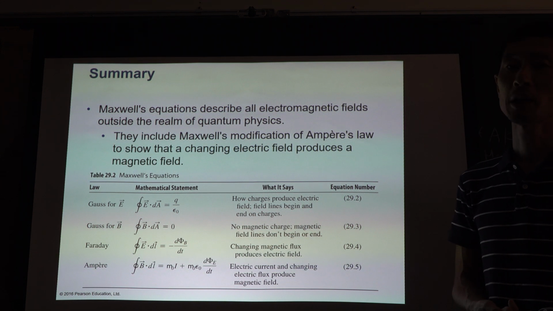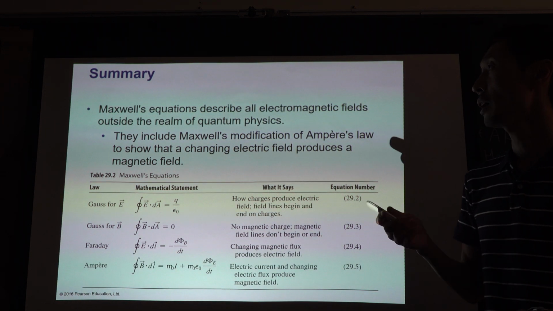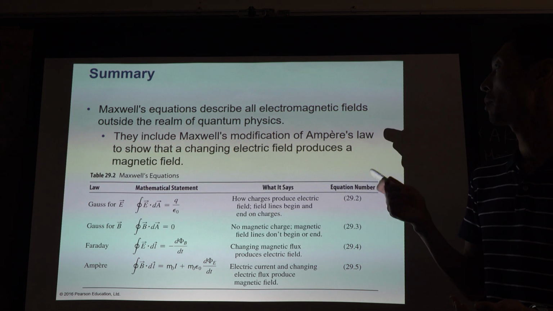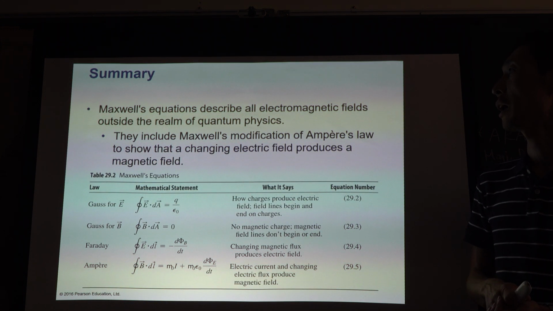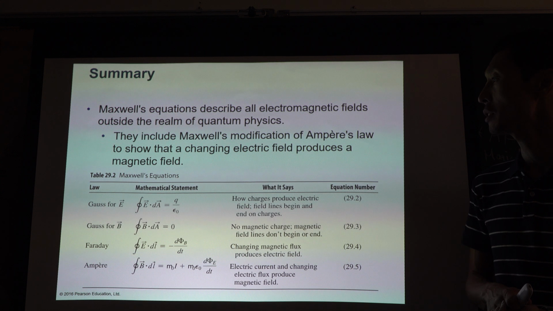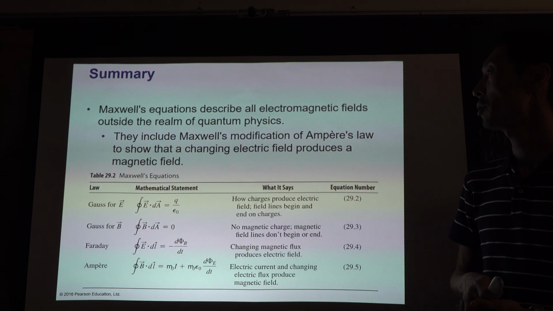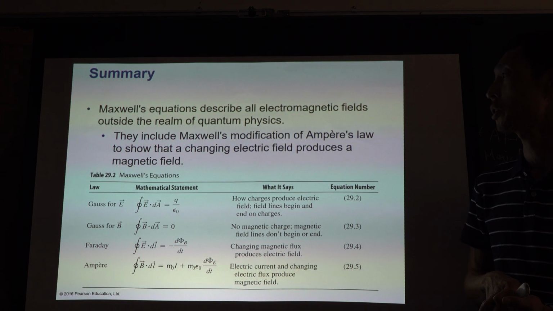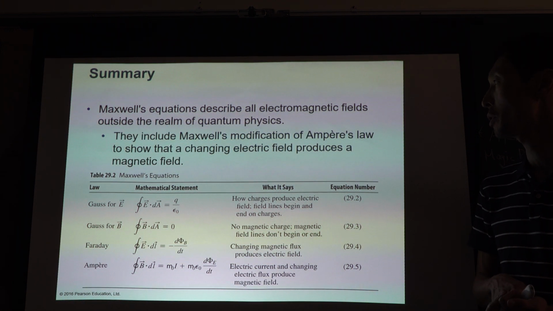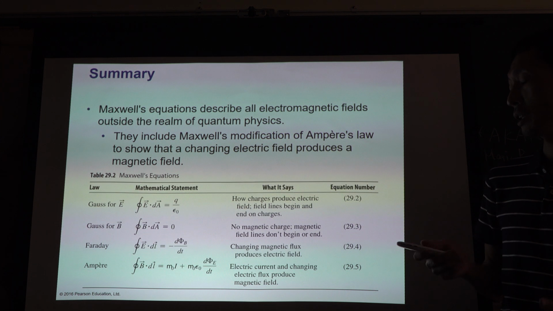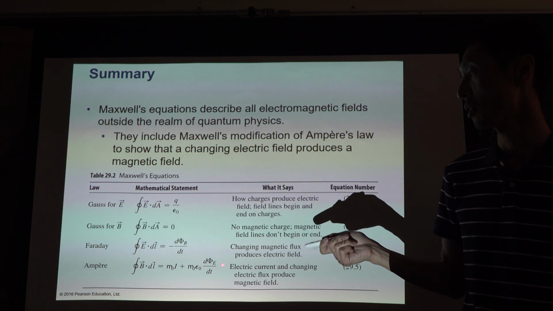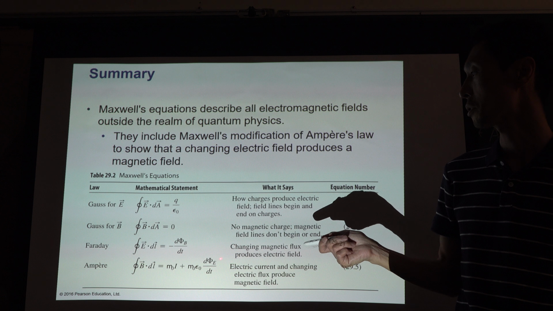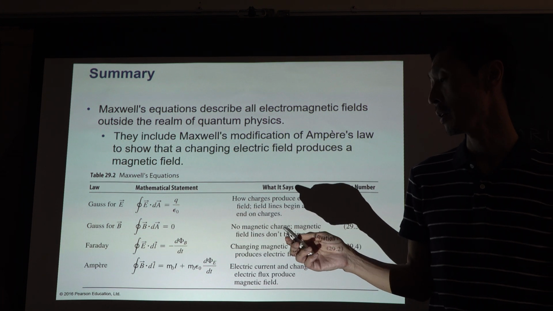Okay, so here's a summary of what we learned today. Maxwell equations describe all electromagnetic fields outside the realm of quantum physics. So these are Maxwell equations. They include Maxwell's modification of Ampere's law to show that a changing electric field produces a magnetic field. So Maxwell's insight is he predicted this term, a changing electric field produces a magnetic field.